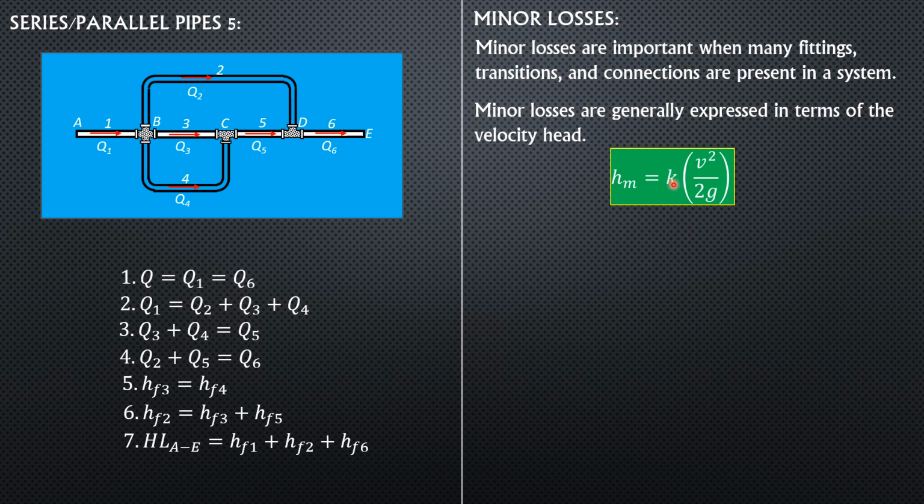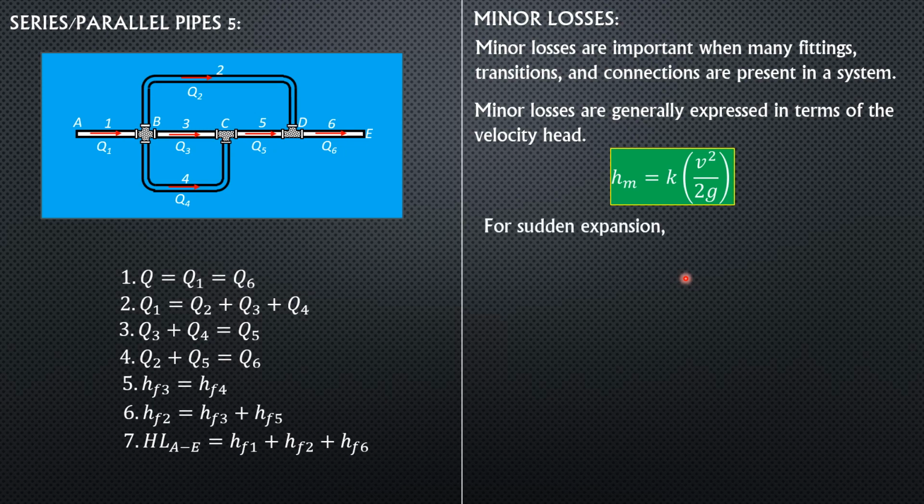And this K here is obtained from experiments. There were technical people who already experimented and obtained the values of K for different situations. So let's just adapt the tabulated values provided by those technical people ahead of us.